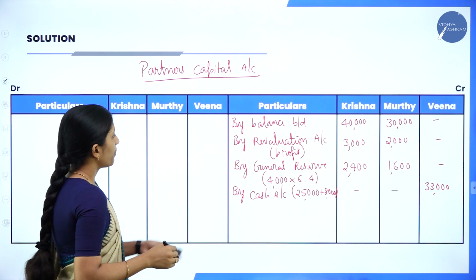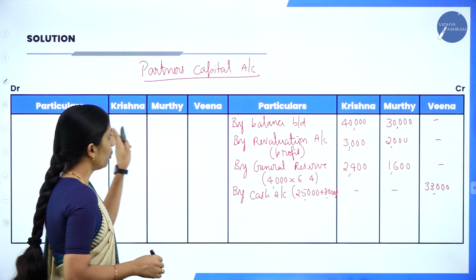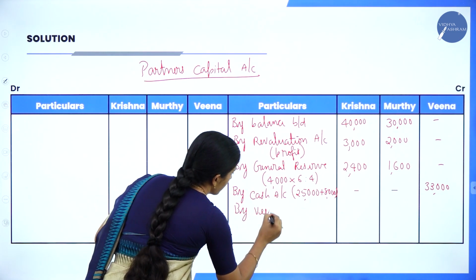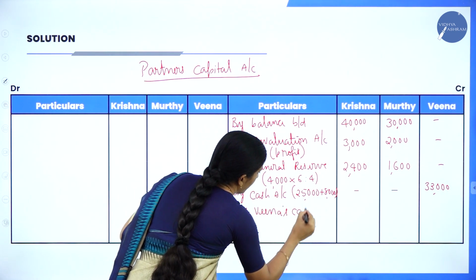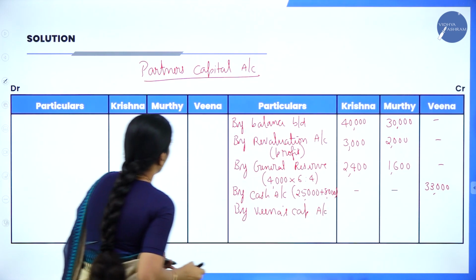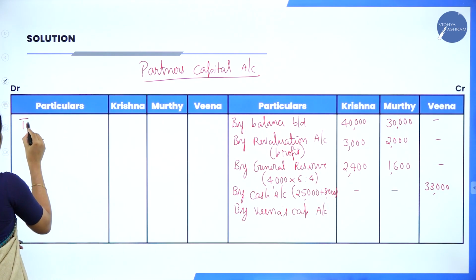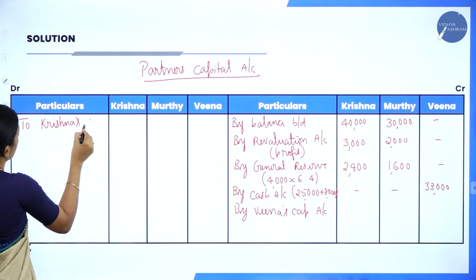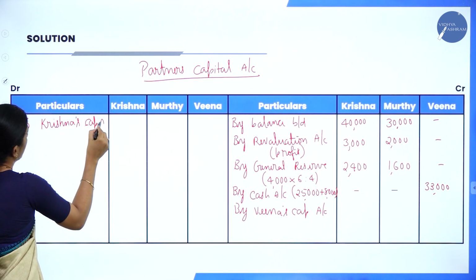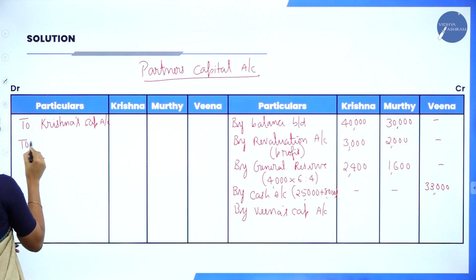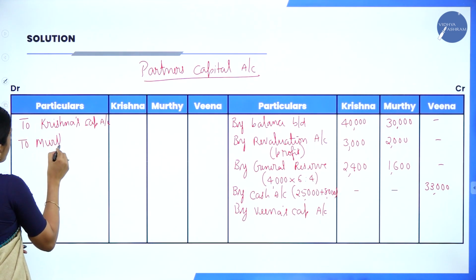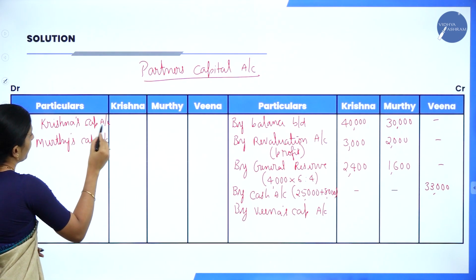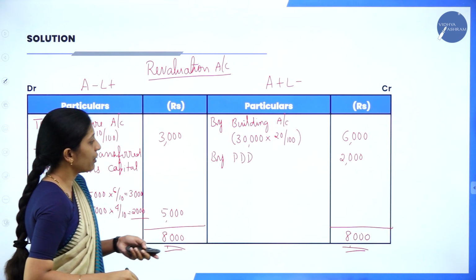Now how do you write in your partner's capital account? New partner to old partner. So by Veena's capital account to old partner, Krishna's capital account to Murthy's capital account. Now how do you write the amount? Already you got the amount.